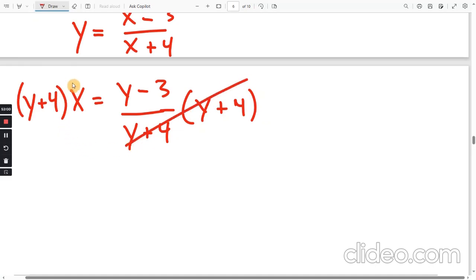On the left, let's see, we're trying to isolate y. We can't do it as is, so we have to distribute. x times 4, that's going to be 4x. And x times positive y, that's going to be yx. Alright, I just wanted to write the x's in the same spot, but it doesn't matter, and that equals y minus 3.